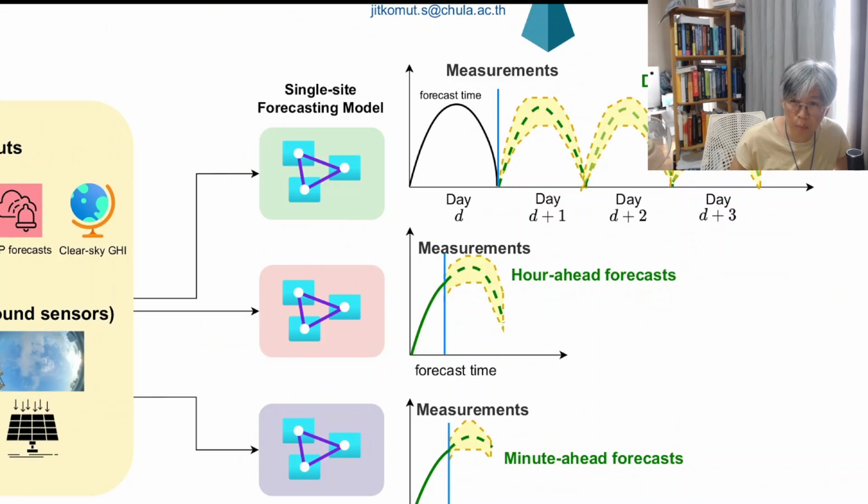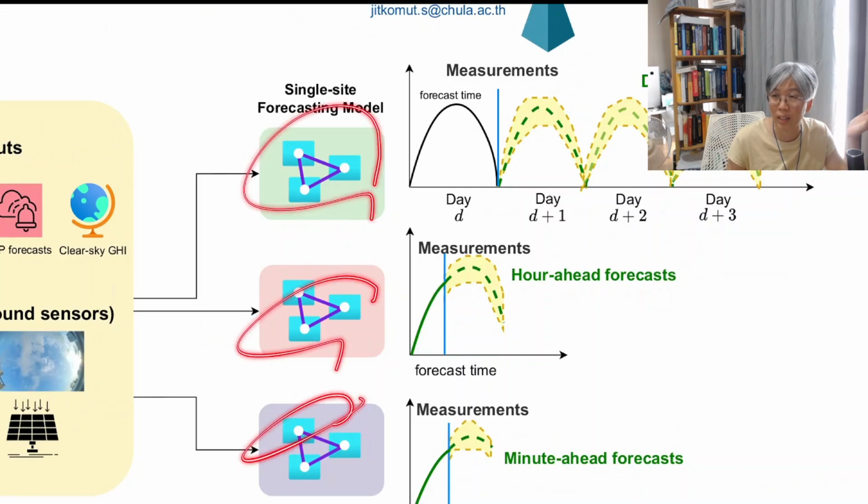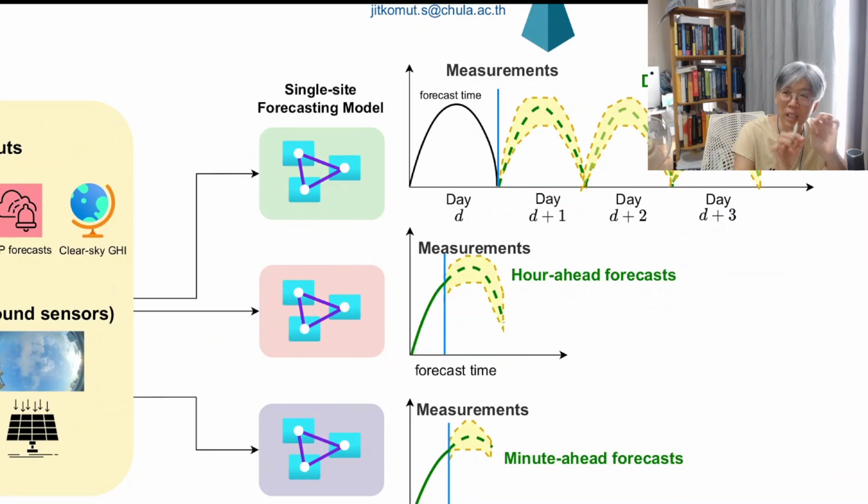They're not going to be the same model. What I mean is you could use the same method. For example, I could use LSTM for all forecasting horizons, but the specification inside my module's architecture would still be totally different.